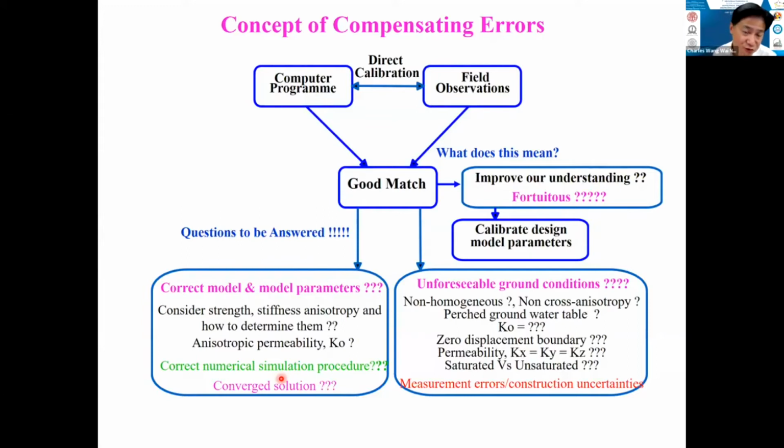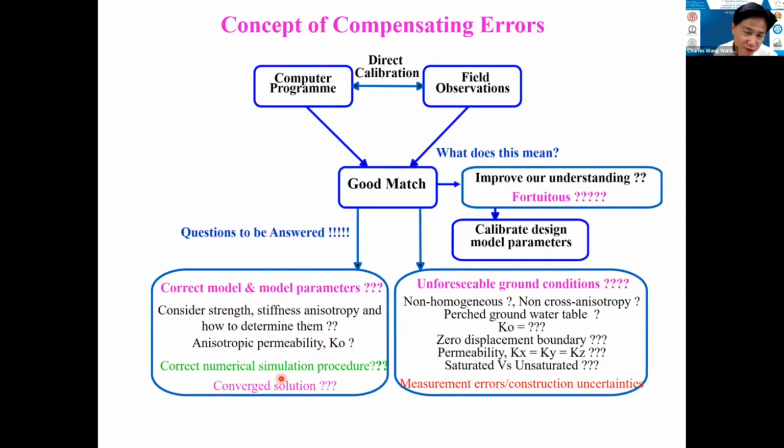We also assume the permeability is isotropic very often. And also we assume there's no coupling effect between stress and flow. So the good match in some way, I would say, is quite fortuitous, in some ways lucky.